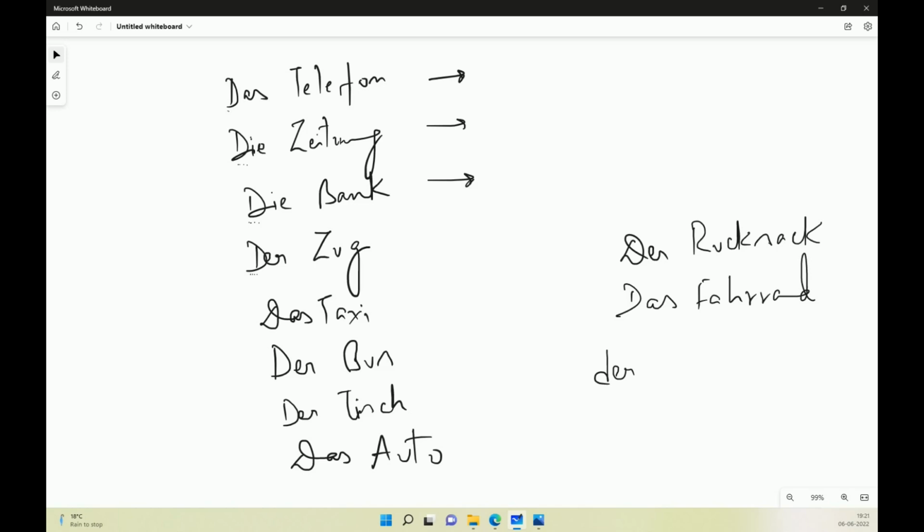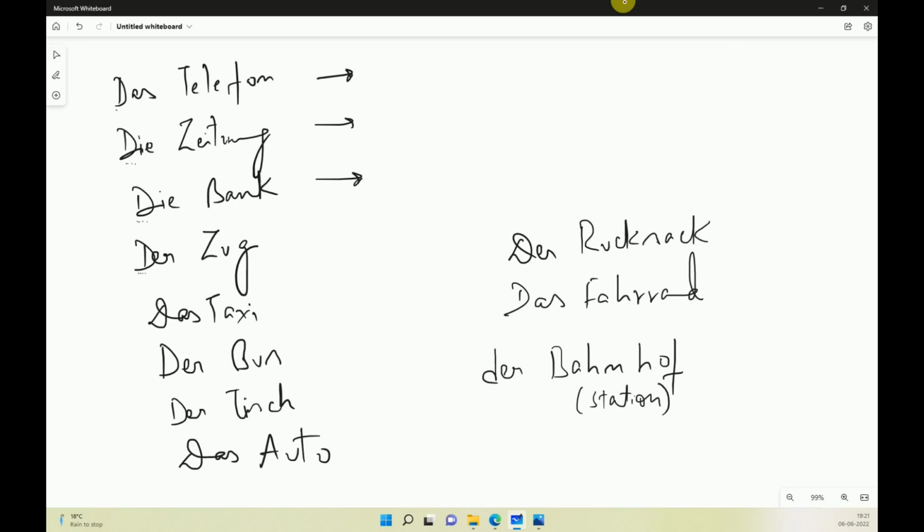Otherwise, if it comes in the middle of the sentence, then this d will be lowercase. Der Bahnhof. Remember this, friends. Bahnhof means station. Das Fahrrad means bicycle.